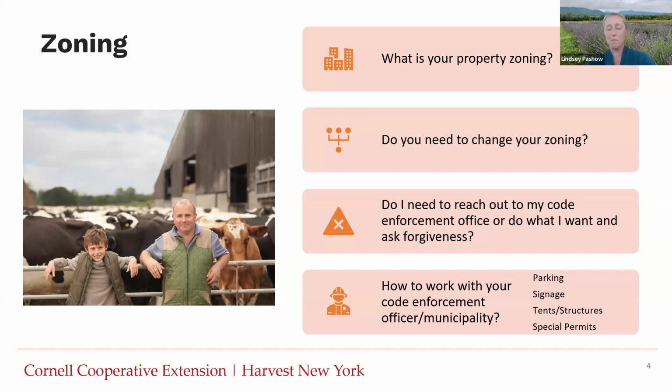I will tell you from my experience working with agritourism operations across the state, those who have just gone out and done whatever they've wanted, and then run into issues with the code enforcement officer, it usually doesn't work out well. So it's important to have those open conversations with your local municipality's code enforcement officer to see what you're allowed to do.